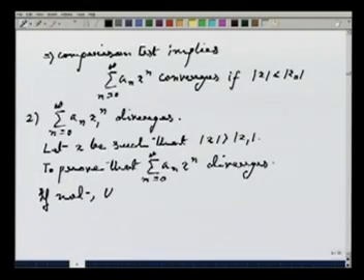To prove that, summation n from 0 to infinity a n x to the power n diverges, this I need to prove. If not, then summation n from 0 to infinity a n x to the power n converges.